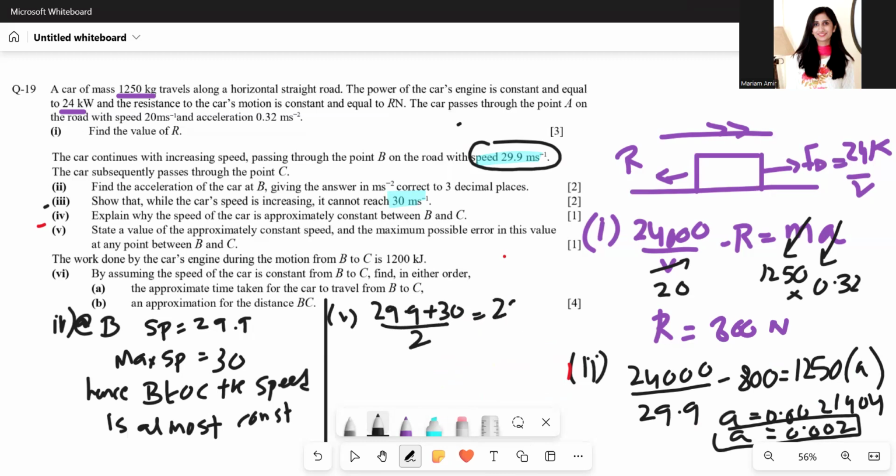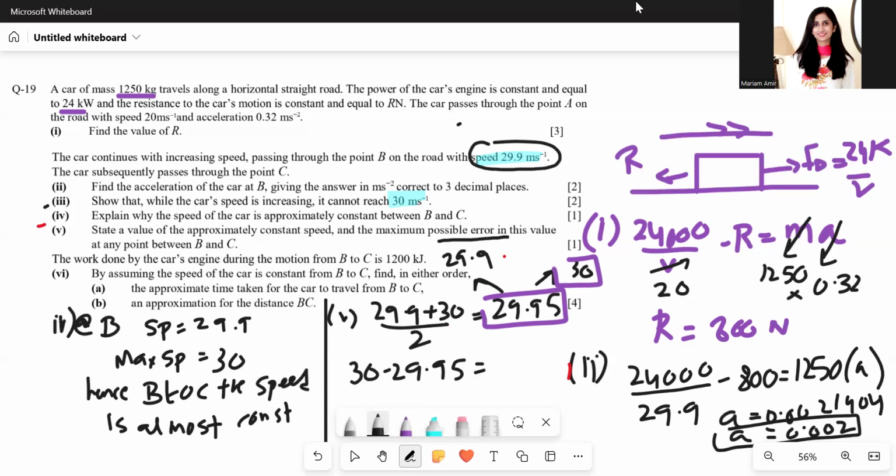This is going to be 29.95, and the possible error in the value: we know that it could be anything between 30 and 29.9, so the error would be 30 minus 29.95, which is 0.05. So the speed is 29.95, and the error in calculation could be 0.05.